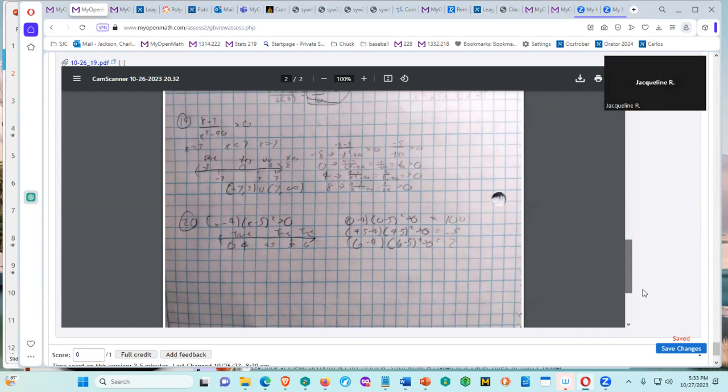Yeah, the only thing that I was confused on was the x minus 5 squared, because that kind of threw me off. I didn't know if the x minus 5 would mean two integers, if it would mean -5 and 5, or if it was just 5 by itself.